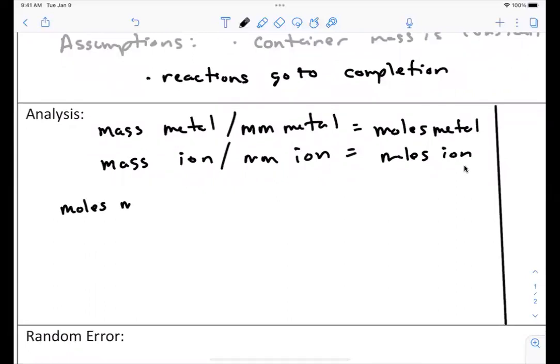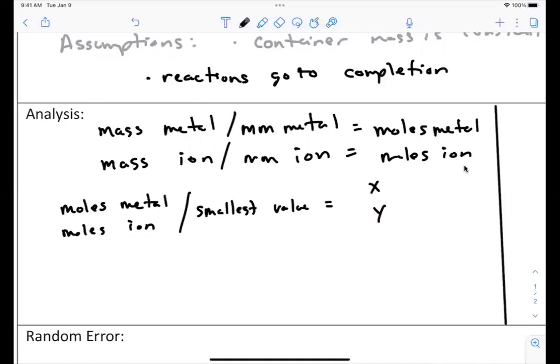Once we get the moles of the metal and the moles of the ion, how do we find the empirical formula from that? Once we have the moles of each, what do we do? Divide by the smallest one. And that should get us X and Y for our subscripts.